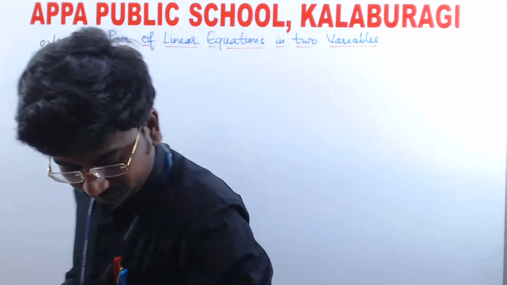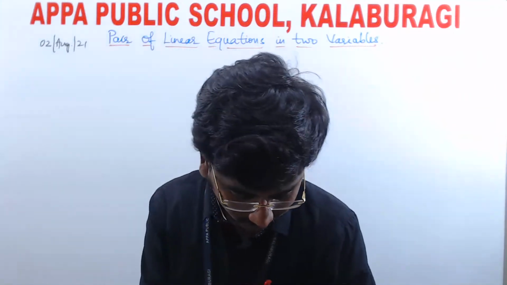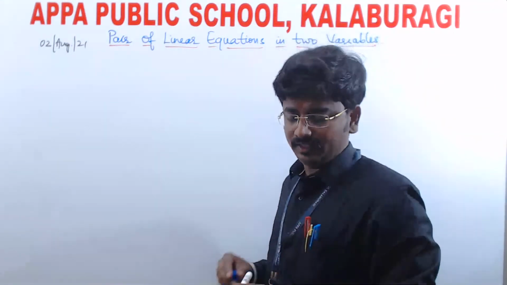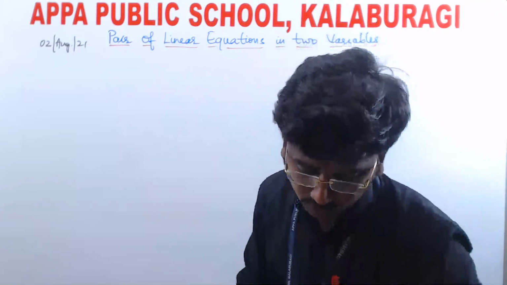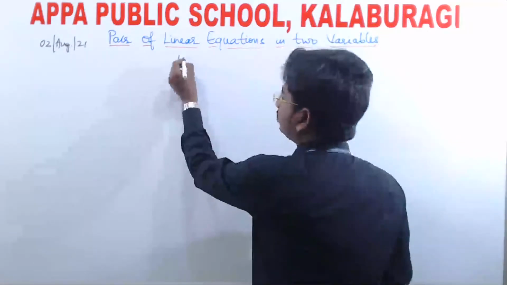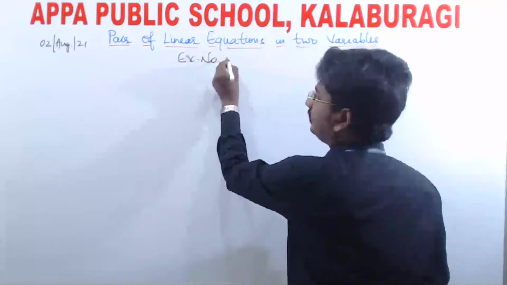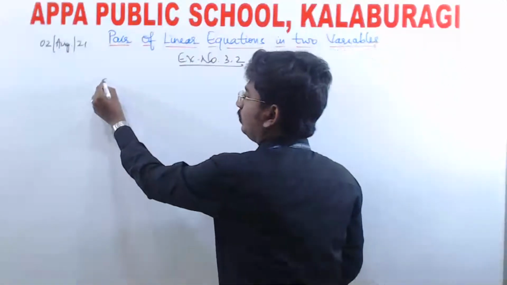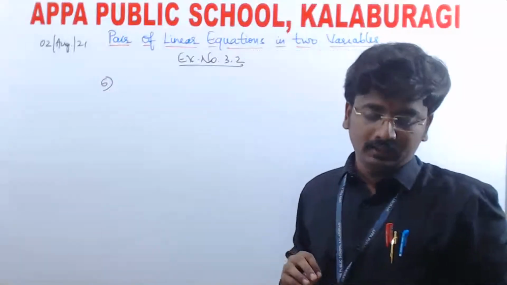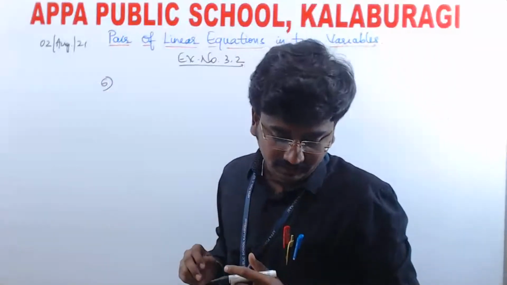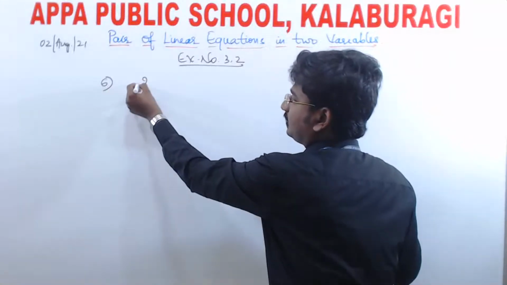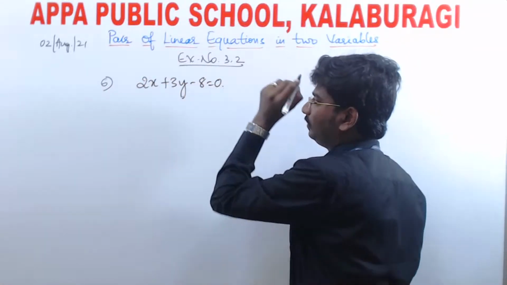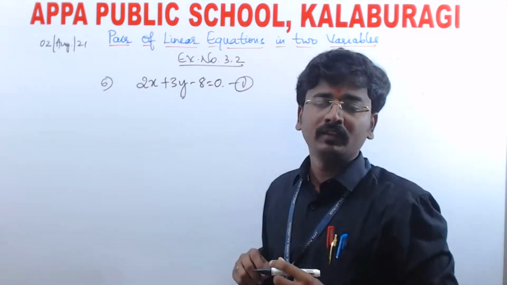So what is problem number 6, my dear students? Here they have given us one linear equation: 2x plus 3y minus 8 equal to 0, equation 1.